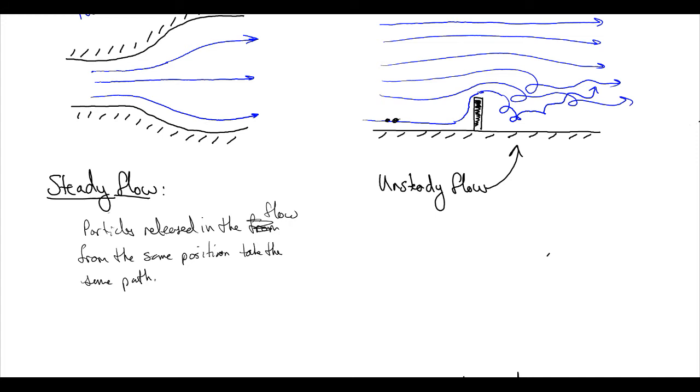So the particles are going to have completely different paths, and their paths are going to diverge more and more the farther in time you go. So with unsteady flow, this is obviously not true, and also, like I said, we should also note that the flow is rotational.